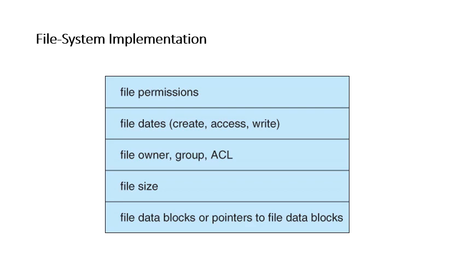Well, this is all about the file system implementation. I hope you all understood. As shown here, the different file permissions, create access rights, file owner, group ACL, file size, and pointers to the file blocks, everything will be implemented within this file system.